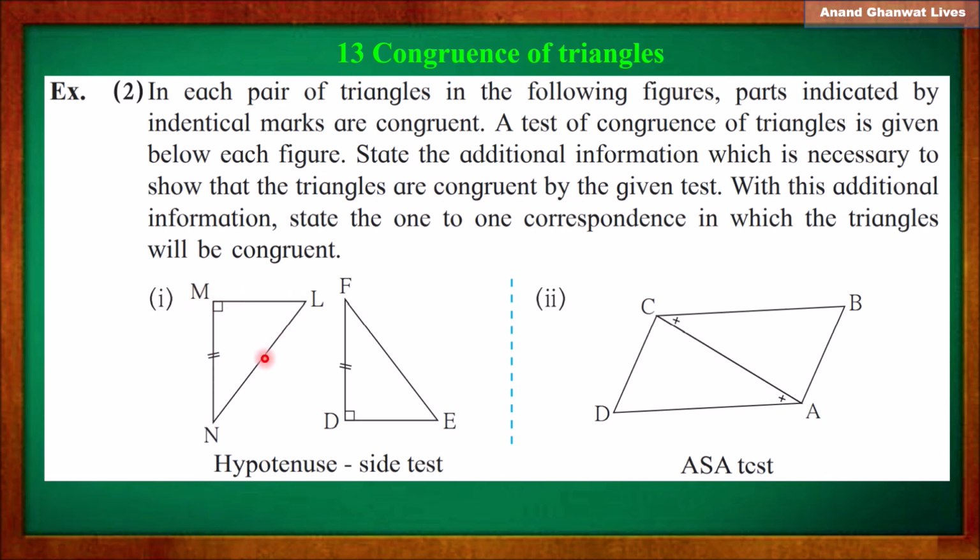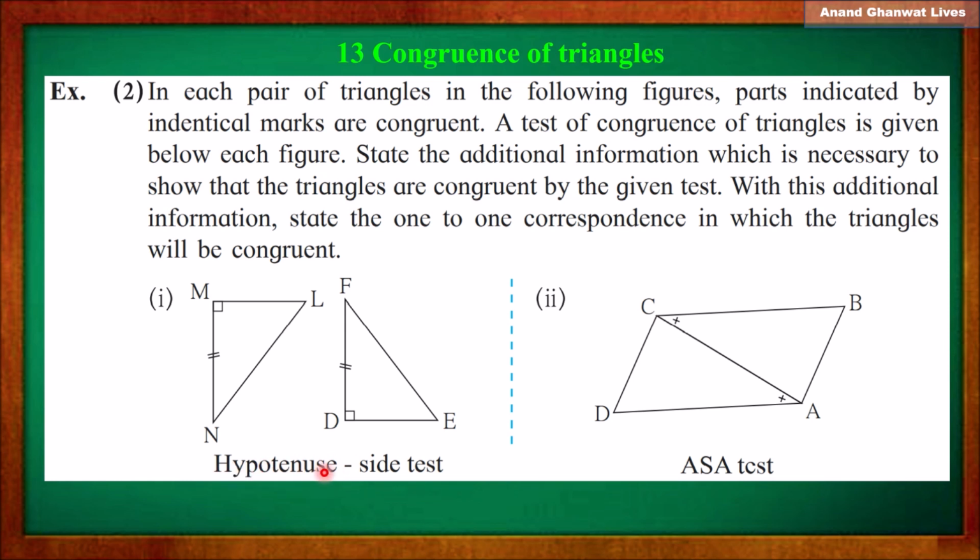Now here, observe the first pair of congruent triangles. Triangle LMN is congruent to triangle DEF. Now here, hypotenuse side test. These two triangles are right angled triangles and one side is congruent here. So the side is given here, but congruency of the hypotenuse is not given.